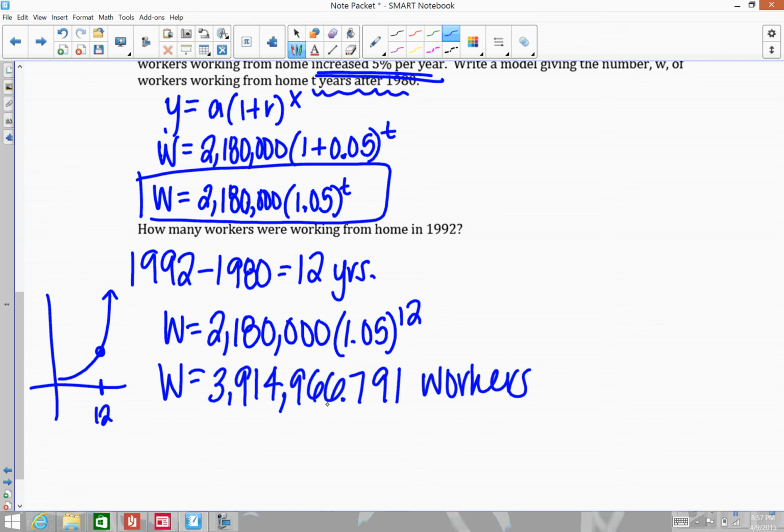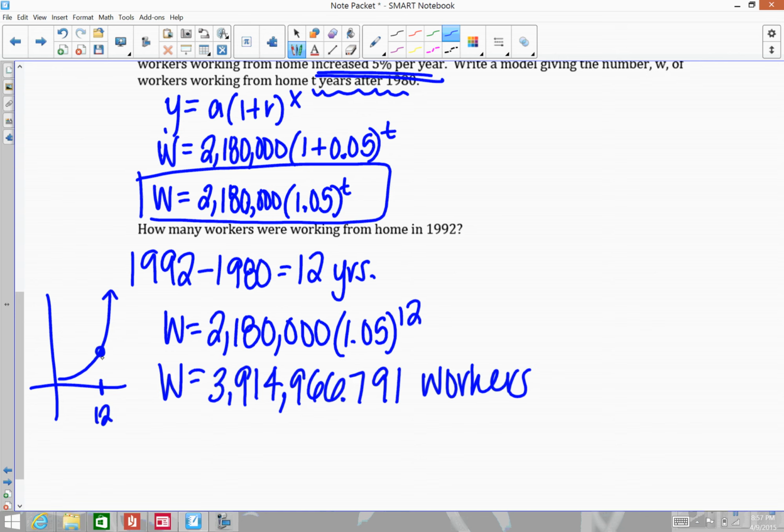I can't actually round up because that would mean I'm saying that after 12 years, you actually get that remainder, that 0.791 of a worker left.